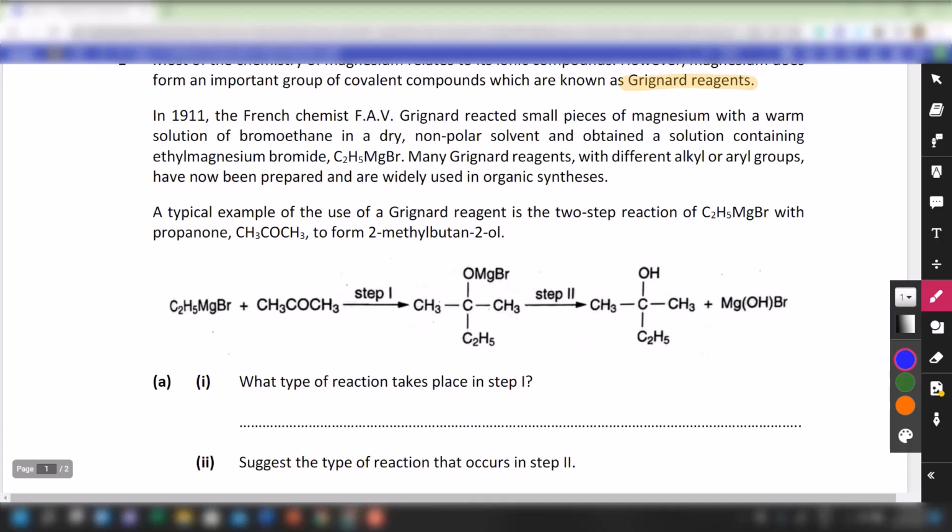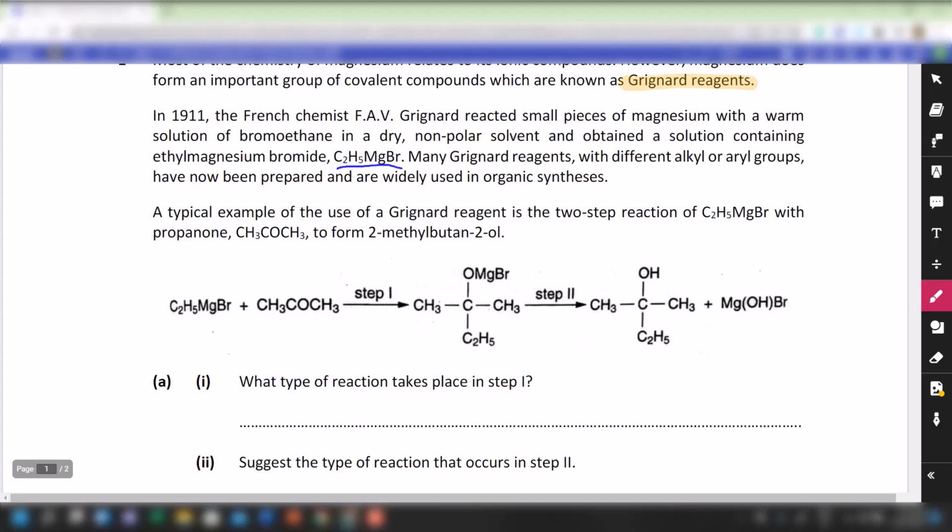You warm magnesium with a solution of bromoethane in dry non-polar solvents, and you will obtain a solution containing ethyl magnesium bromide. Many Grignard reagents with different alkyl groups and aryl groups have now been prepared and used widely in organic synthesis.